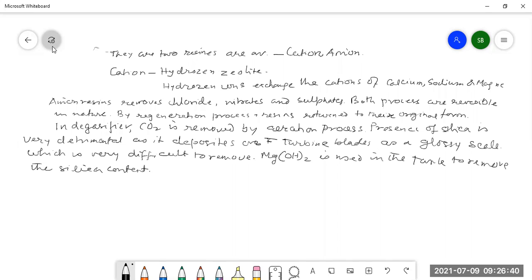Now, membrane treatment for removing the total dissolved solids from the makeup water is also an energy efficient process and is gradually gaining more acceptance.